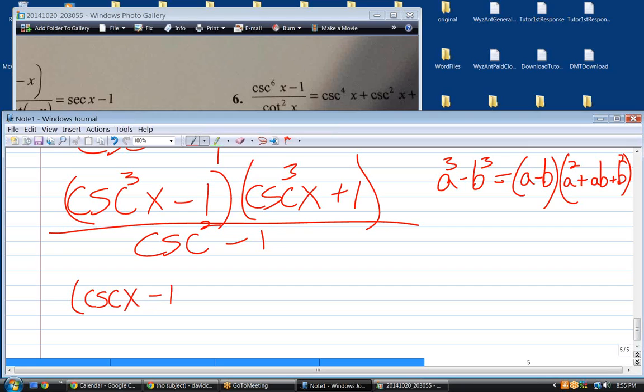Cosecant minus 1, and then cosecant squared, and then plus cosecant, and then plus 1.